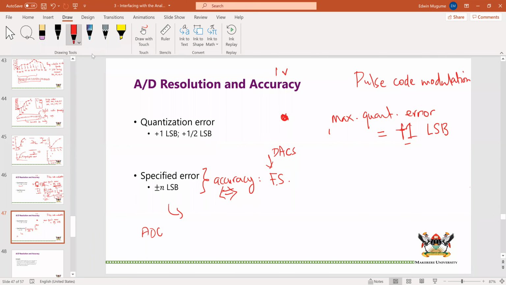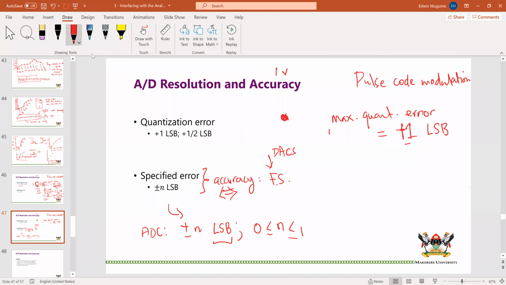In analog to digital converters, it is usually expressed as plus or minus n LSB. LSB is the weight, and n is a number. n can be 1 or can be 2 or can be whatever you want. And so, for instance, we could say that n can be 0 less or equal to n less or equal to 1.